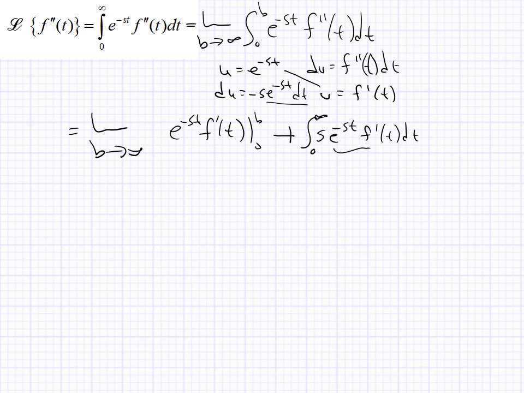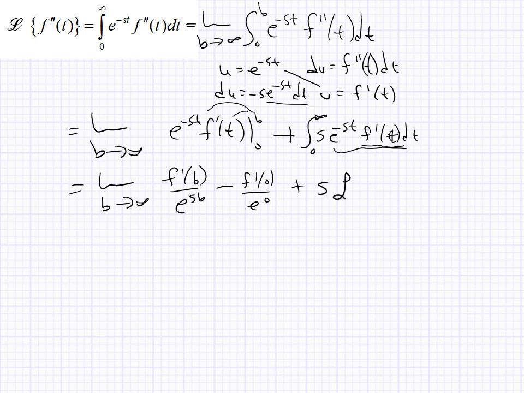So again, if you look at this, this is the Laplace transform for f prime. Here I would plug b in for t, and a lot of the same stuff's going to happen here. I get the limit as b goes to infinity of f prime of b over e to the sb minus f prime of 0 over e to the 0 plus s times the Laplace transform of f prime.